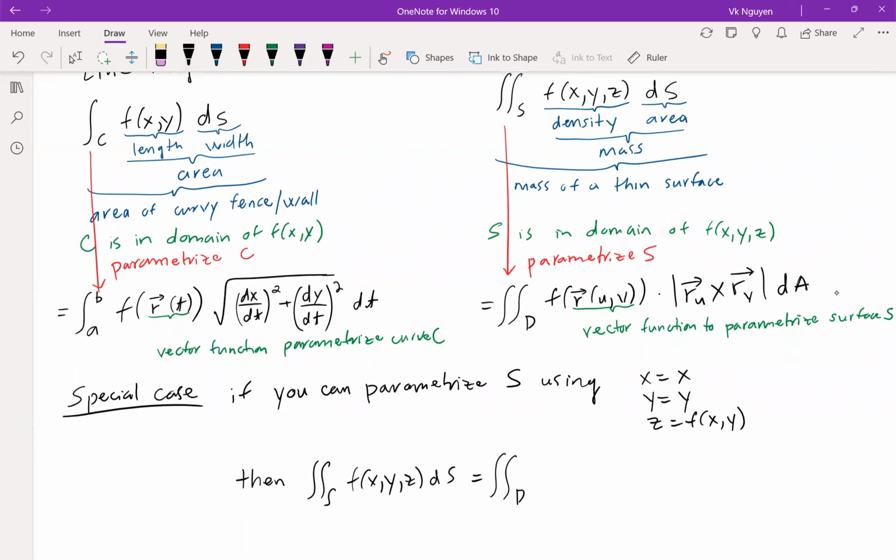Oh man, I'm using f here again, so I'm just gonna use g here. f(x, y, g(x, y)) dS here, if you guys remember from last time, that is the square root of g_x squared plus g_y squared plus 1 dA. That's the special case from last time.